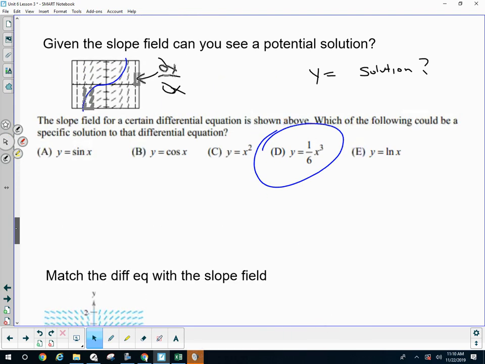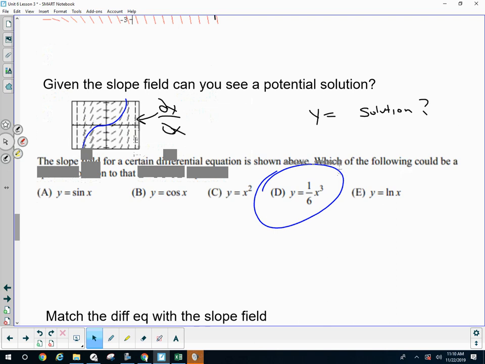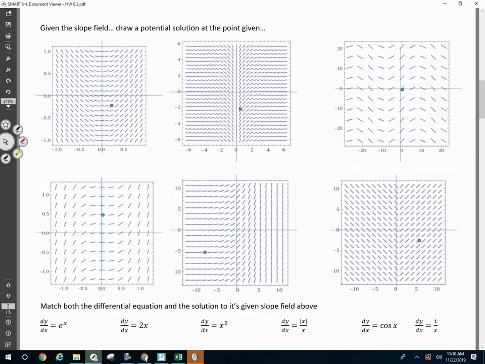Okay? Go to your homework. Go to the second page. Look at this one on the top right.